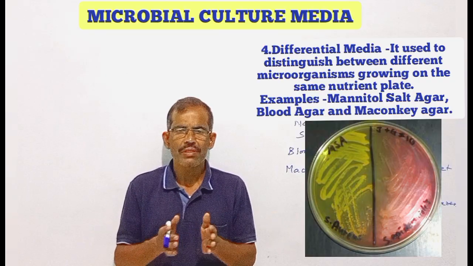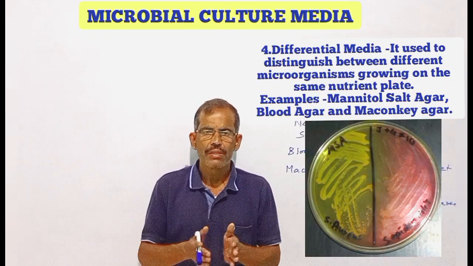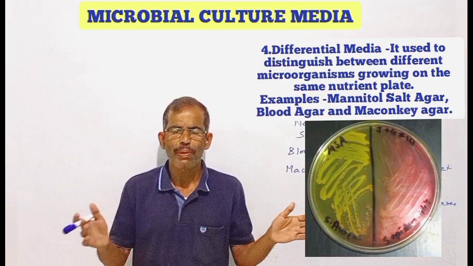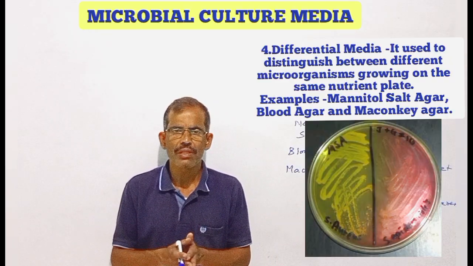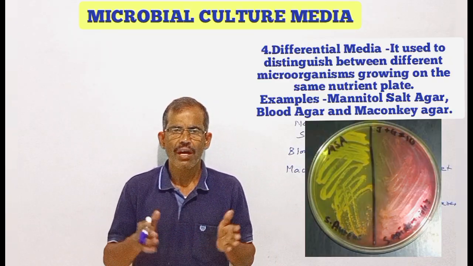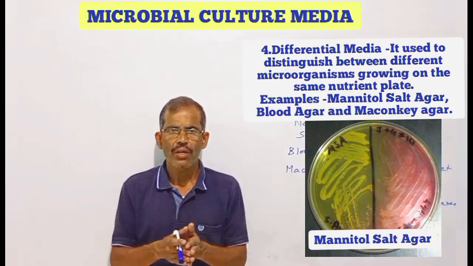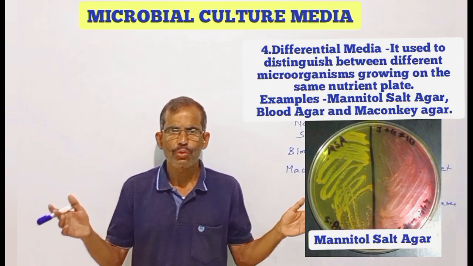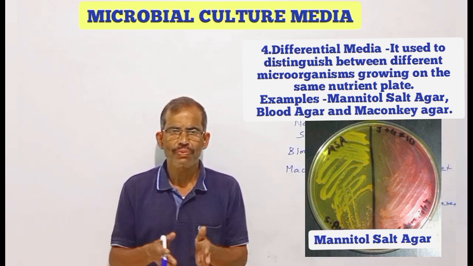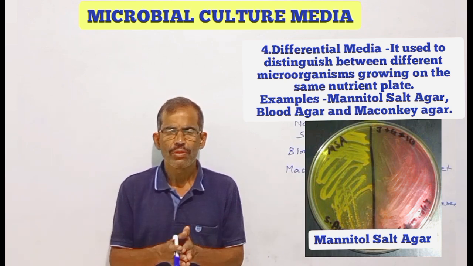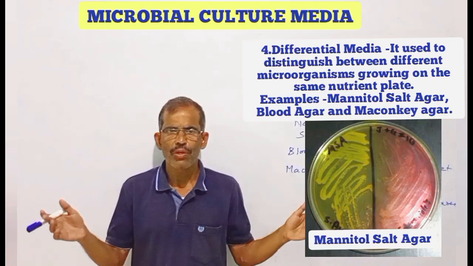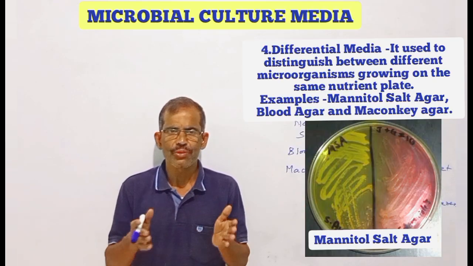When grown in such type of media, Staphylococcus aureus ferments mannitol into acidic byproducts that alter the pH of the media. As a result, the color of the Staphylococcus aureus colonies changes from red to yellow. Most other Staphylococcus species fail to grow.